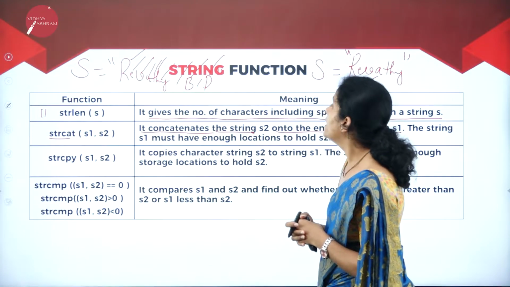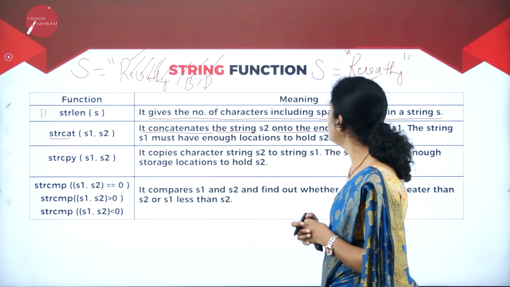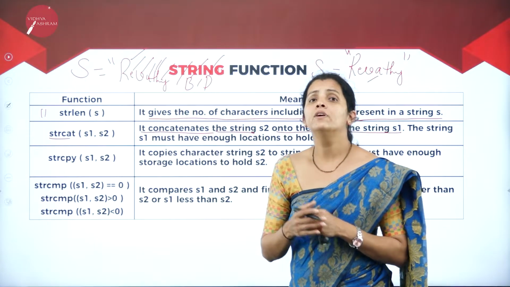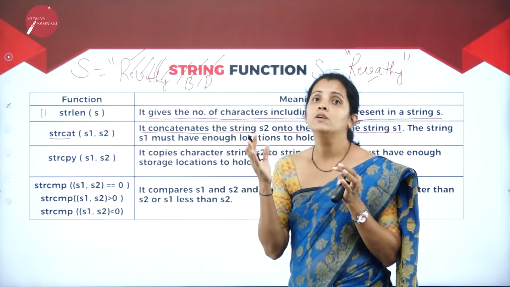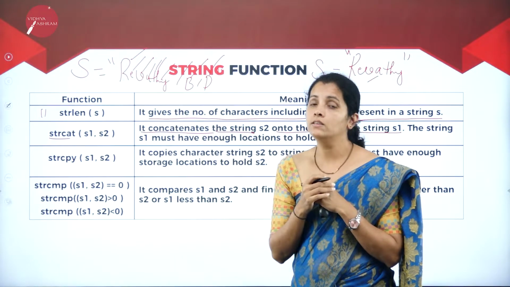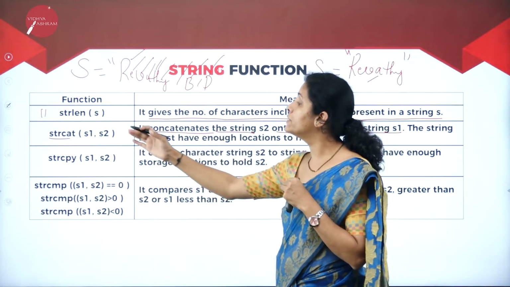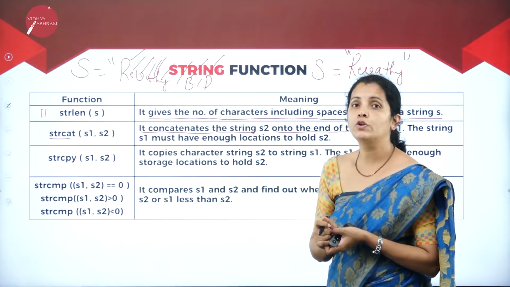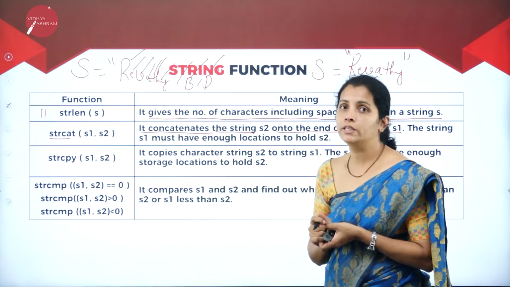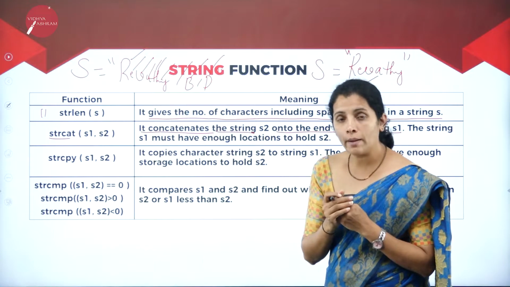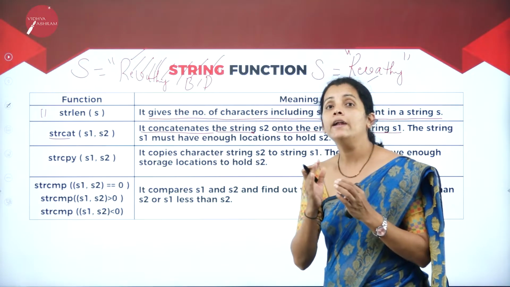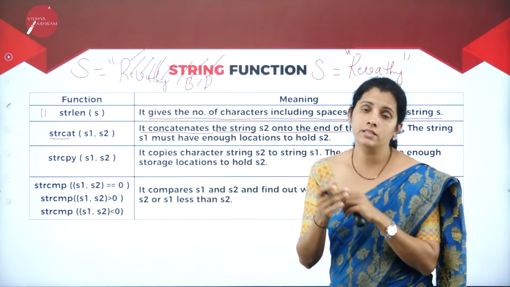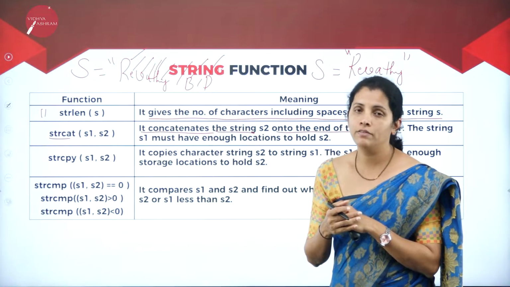The string S1 must have enough space to hold S2. That means I'm going to concatenate two strings, and I'm going to append S2 at the end of the first string, and the first string must have enough space.